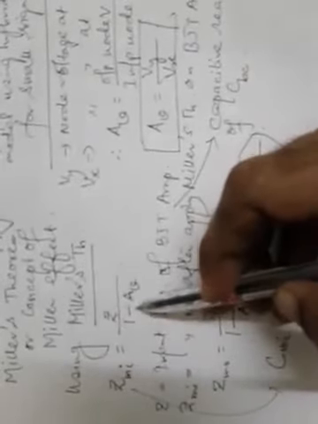That means just invert this relation to get CMI from ZMI, and this Z will become CBC. Similarly, 1 by AV will go from the denominator to the numerator, and the relation will be modified as CMO equal to 1 minus 1 by AV into CBC.